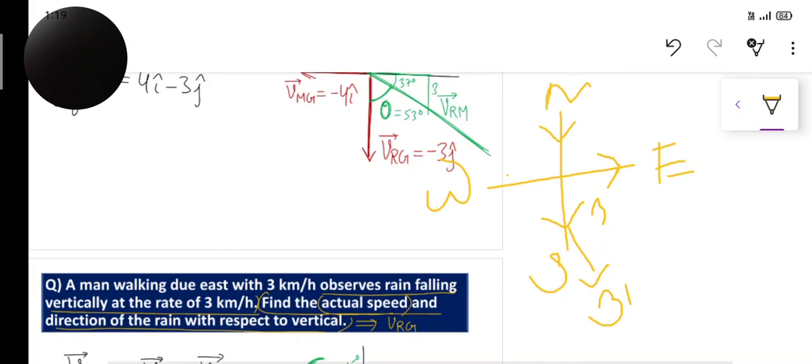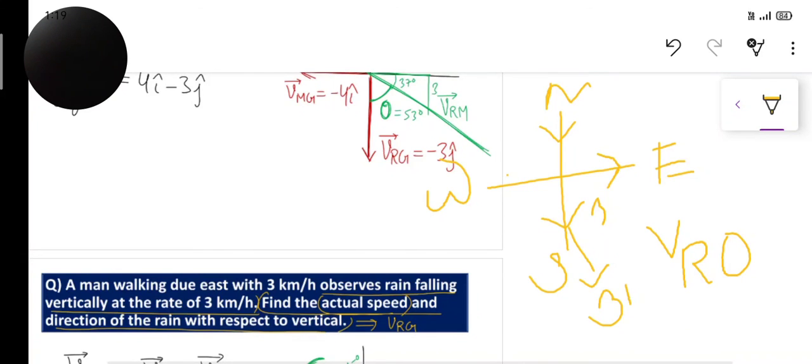Now it is asking for the actual speed of the rain. Now velocity of rain with respect to observer.